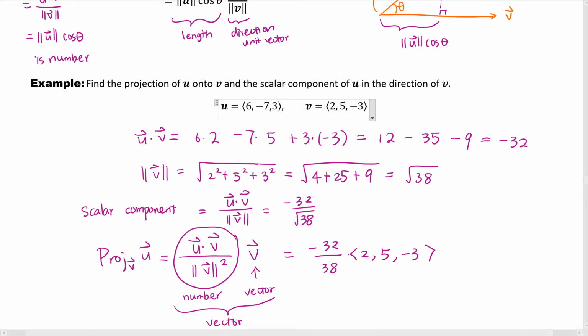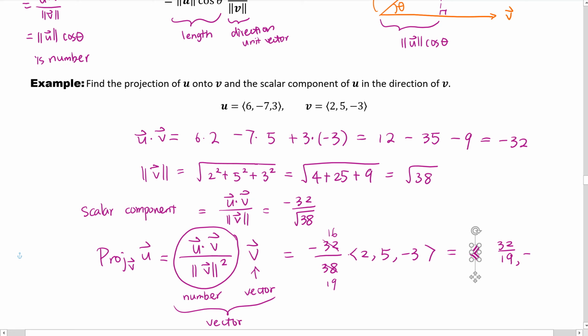So far so good. And we can do some cancellation. For 32 and 38, we can cancel the 2, then we have 16 here and 19 here. So minus, and then we multiply each coordinate. 2 times 16 is 32 over 19.